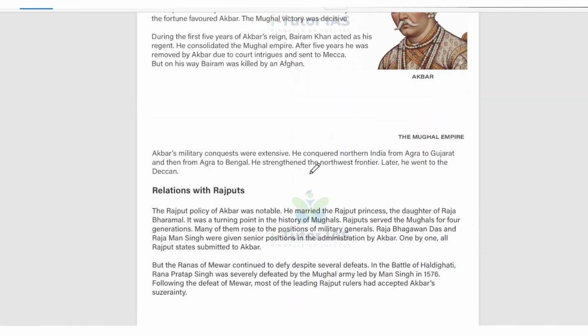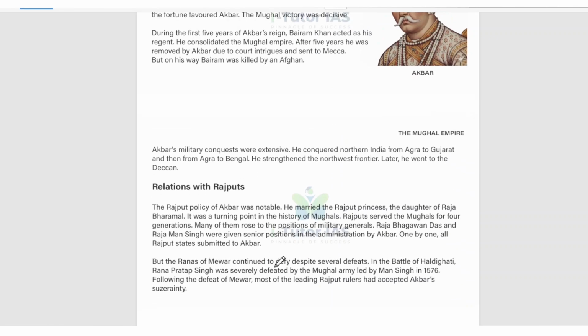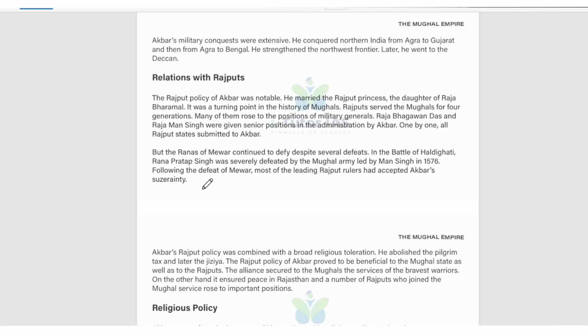Akbar's military conquests were extensive. He conquered northern India from Agra to Gujarat and then from Agra to Bengal. He strengthened the northwest frontier. Later, he went to the Deccan. Akbar's relationship with the Rajputs is very interesting. The Rajput policy of Akbar was notable, and he married a Rajput princess, the daughter of Raja Bharmal.